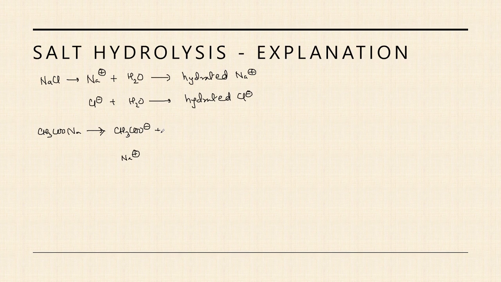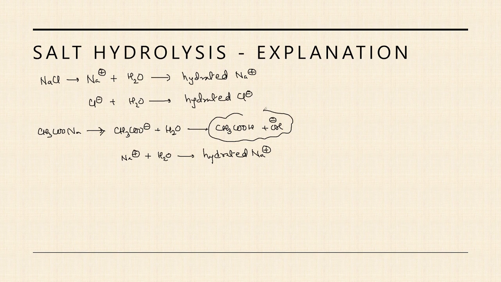CH3COO- can undergo reaction with H2O and ends up forming CH3COOH and gives out OH-. ये जो सोडियम है Na+ आयन, ये वाटर की प्रेजेंस में सिर्फ हाइड्रेटेड Na+ के फॉर्म में रहेगा. So why is it different over here? यहां पे ये डिफरेंस क्यों है?